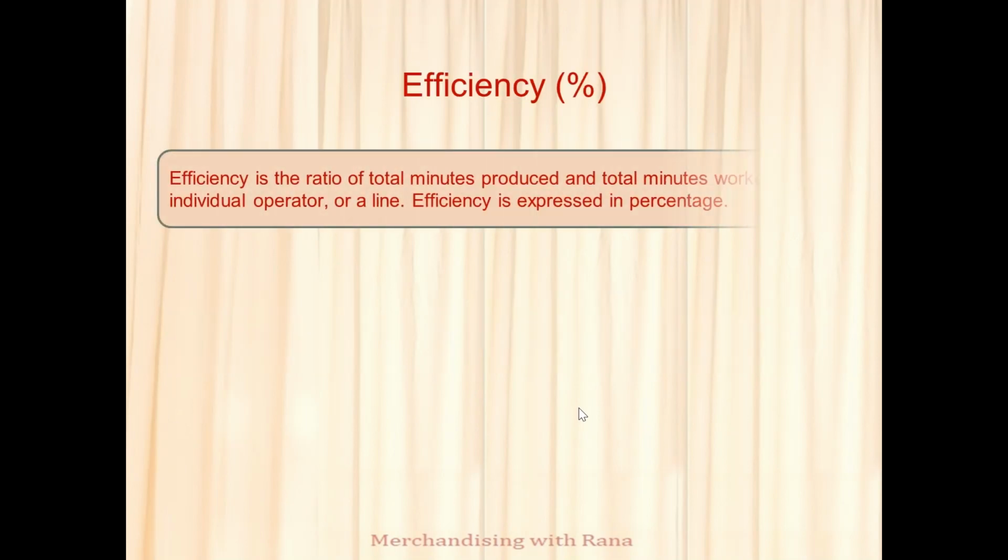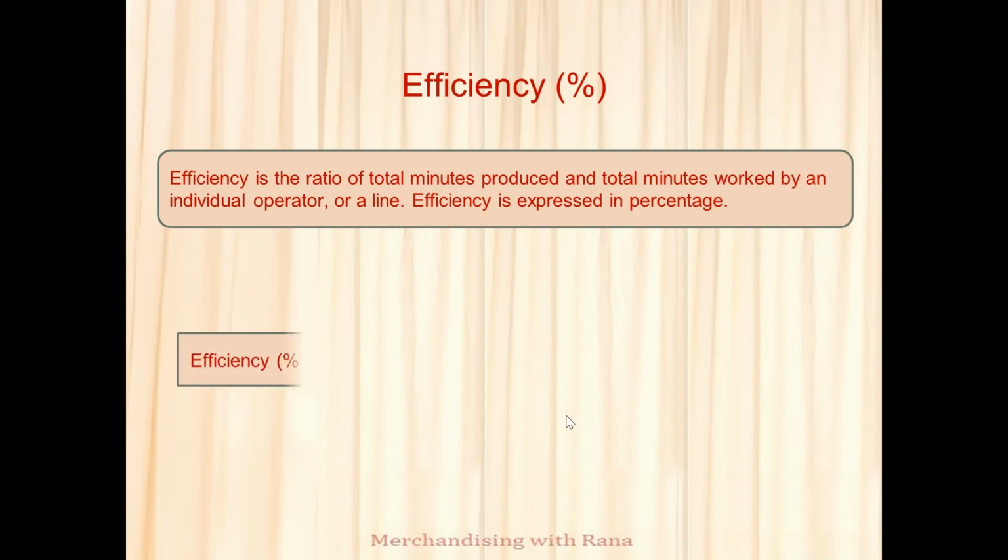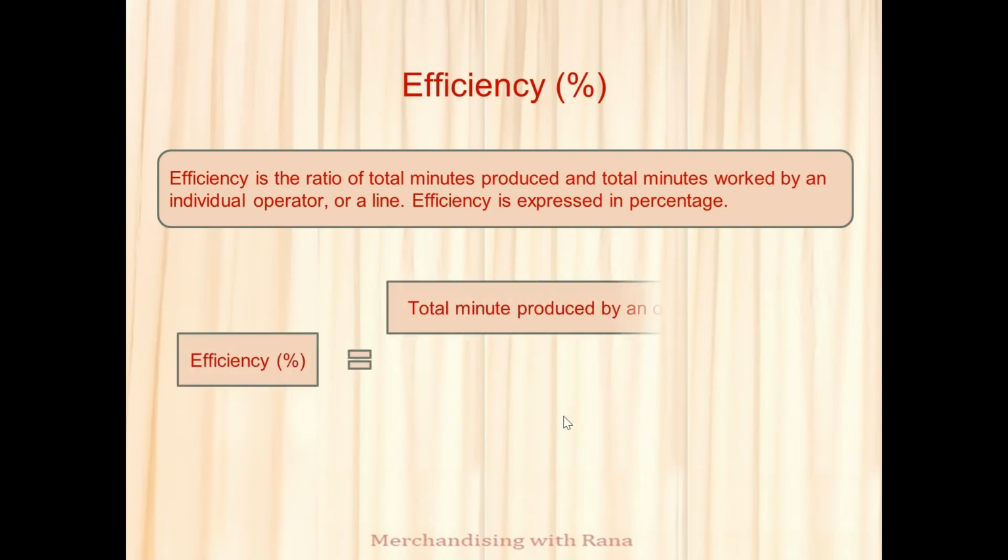Efficiency percentage. Efficiency is the ratio of total minutes produced divided by total minutes worked by an individual operator or a line. Efficiency is expressed in percentage. Let's see the efficiency formula.